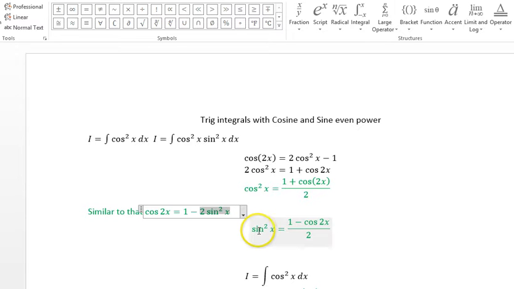Then you get sine squared x equals (1 minus cosine 2x) over 2. These two formulas, for cosine squared x and sine squared x, you should remember.